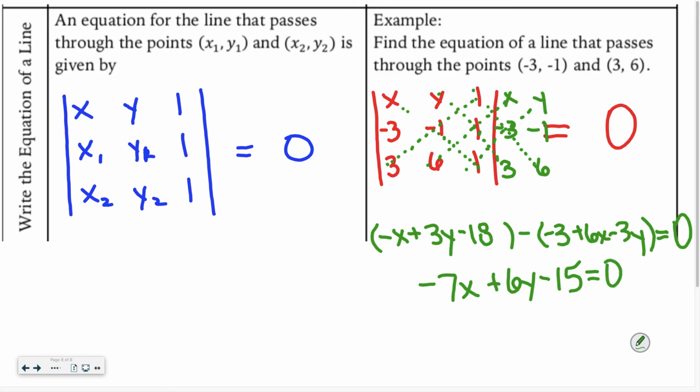Okay, so from here I really can be pretty flexible. If you leave it like this, I'm fine. Technically, standard form would mean that x is positive and that your constant's on the other side. So you could write this as 7x minus 6y equals -15. But really, I'm okay either way.